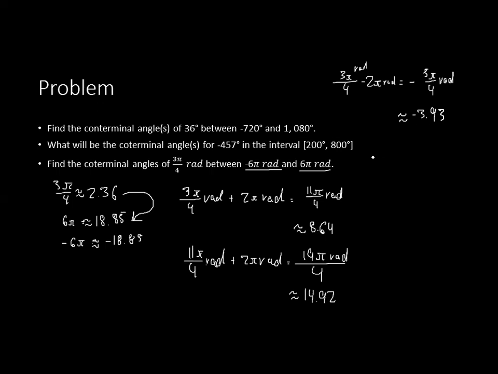Now, we will do it continuously. So we will subtract 2 pi radians from negative 5 pi all over 4 radians.